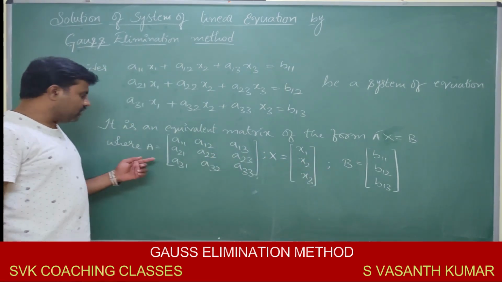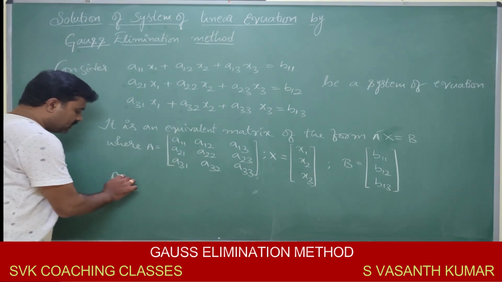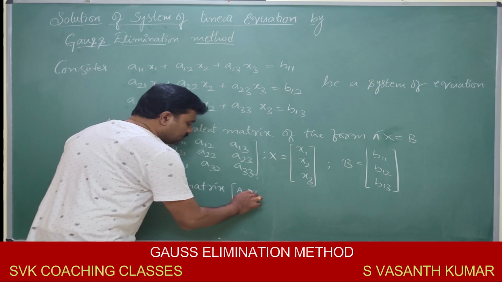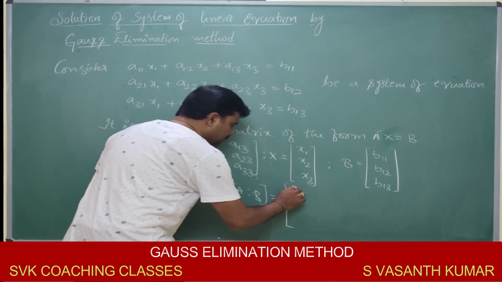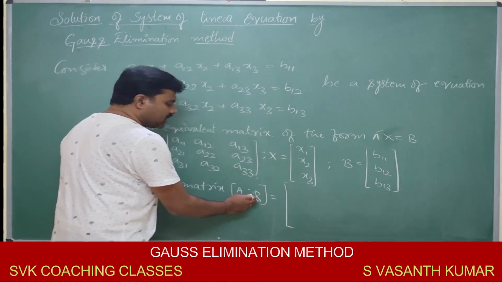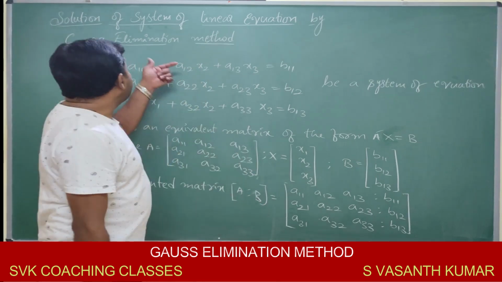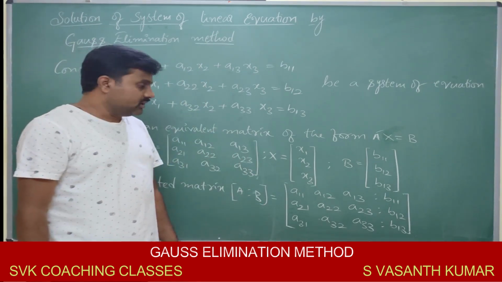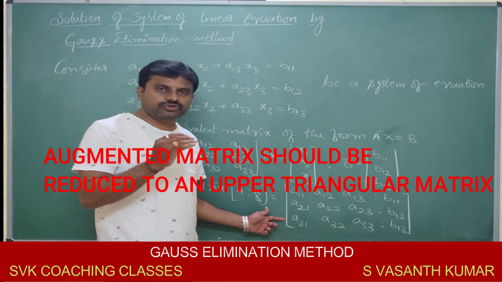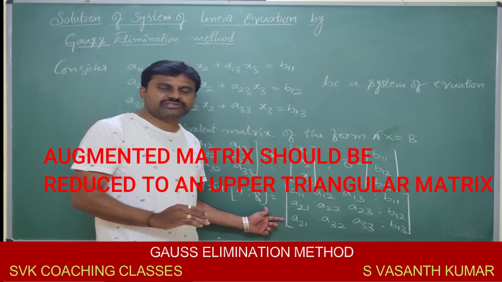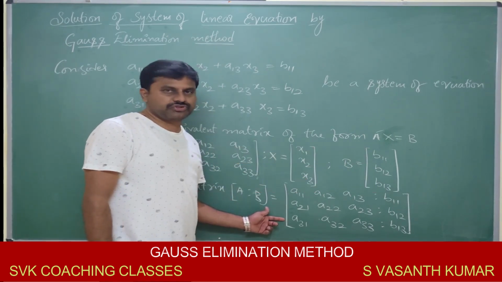Then from these matrices we can define an augmented matrix, denoted by A|B. It is denoted by the matrix A together with the matrix B. After knowing the augmented matrix, to apply the Gauss elimination method, the procedure says that the augmented matrix should be reduced to an upper triangular matrix by using elementary row operations.